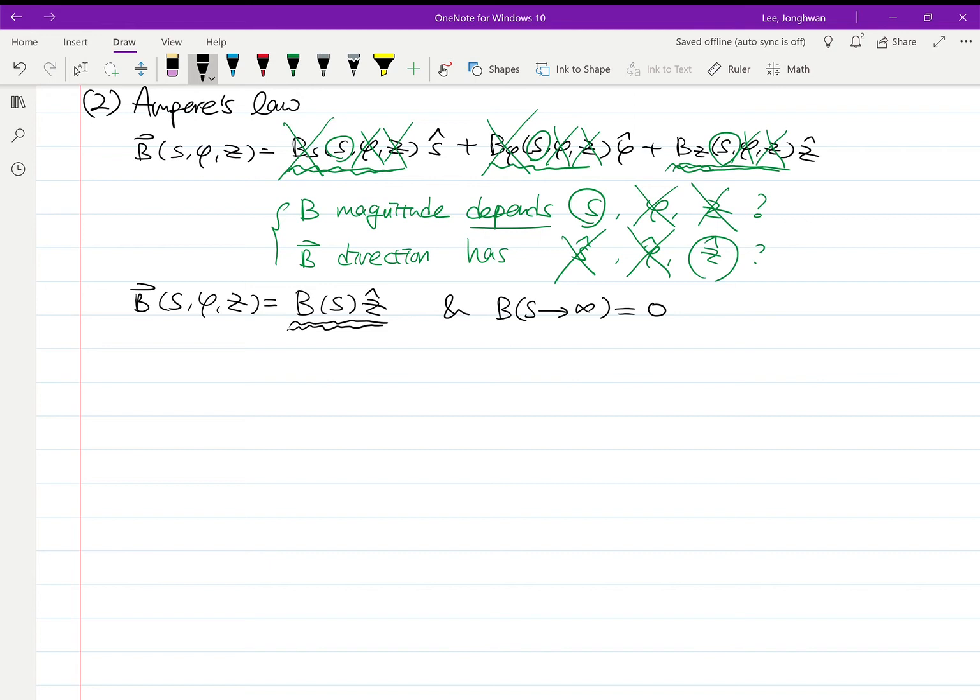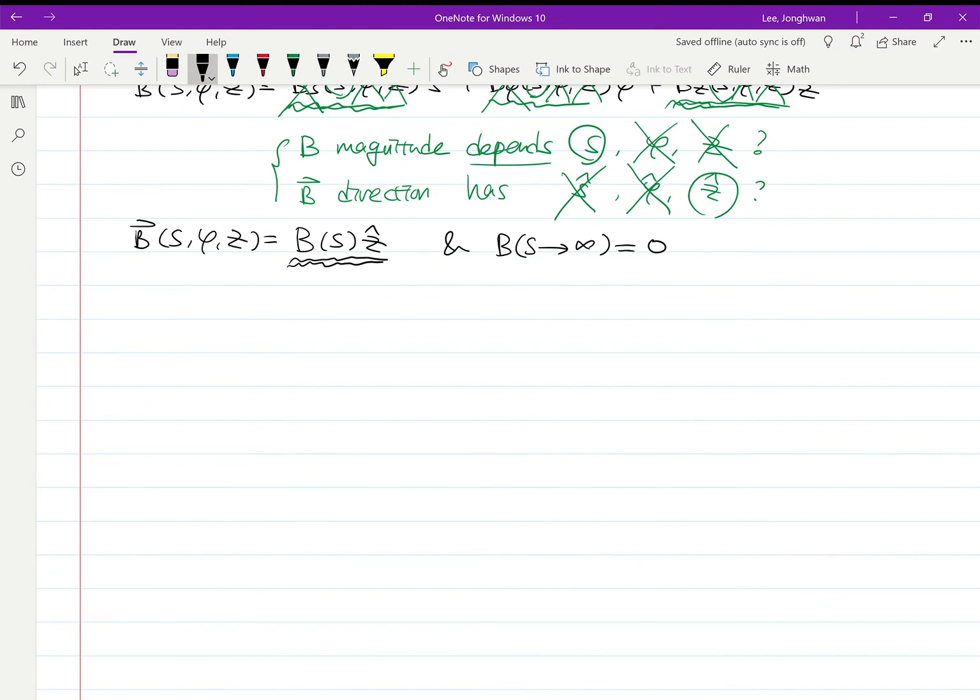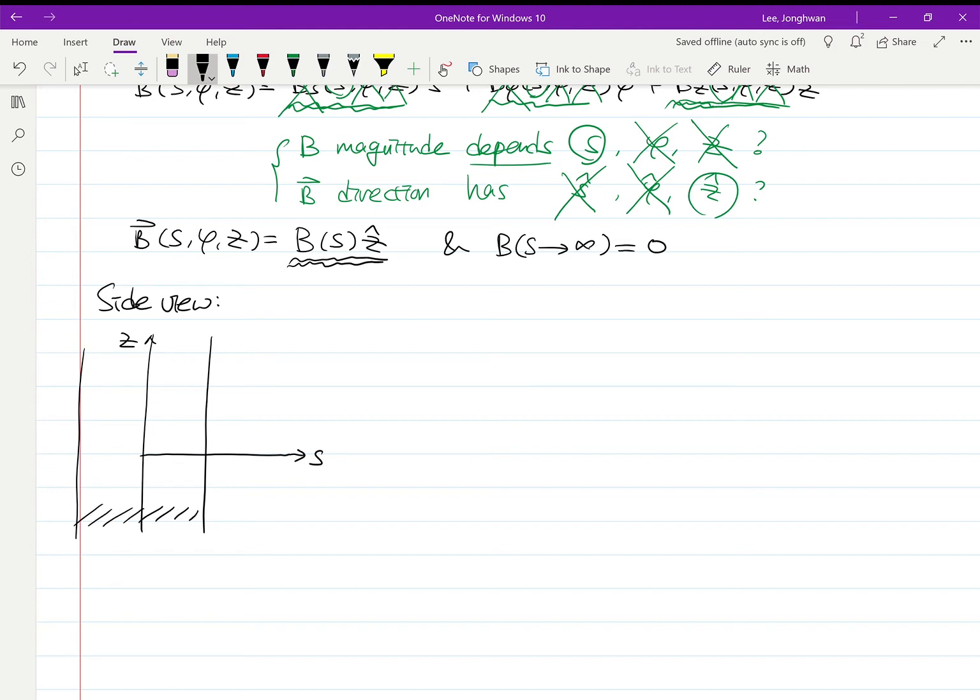So for that, let's think about the side view of this question. It says z hat. And we have a cylinder, the radius is r.